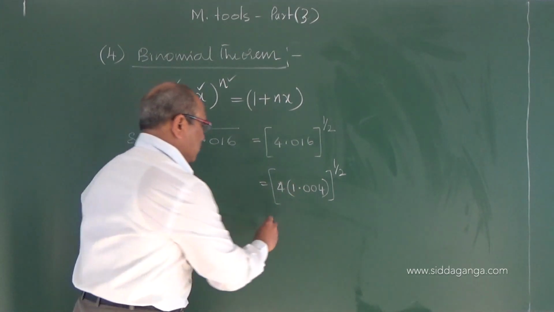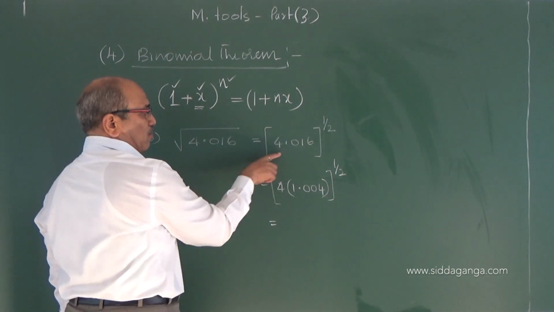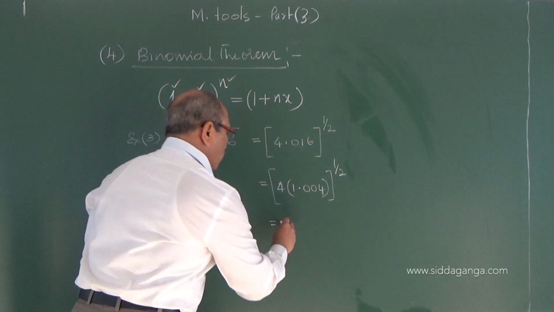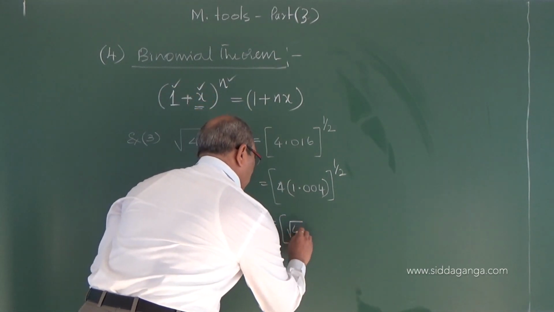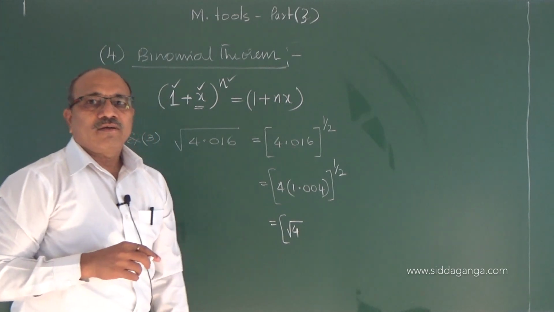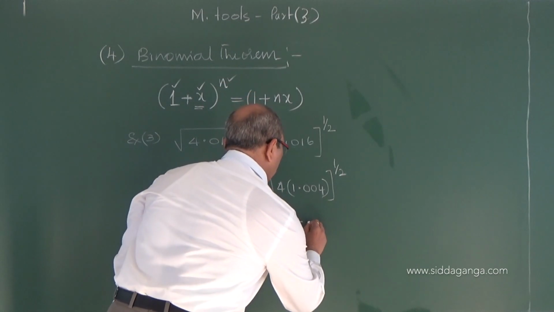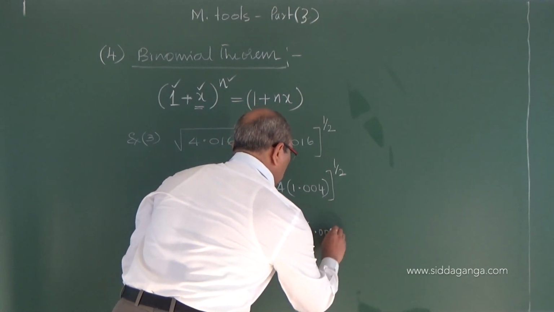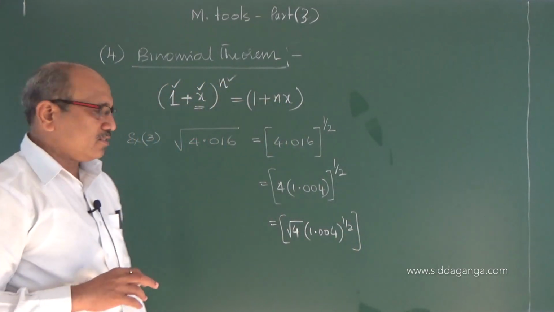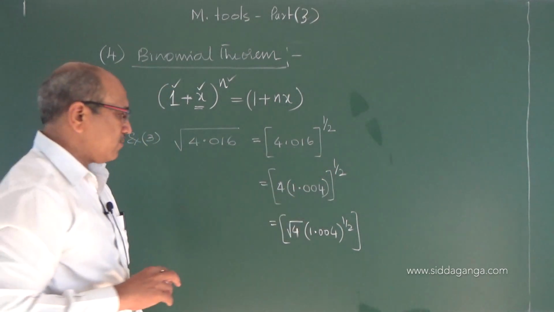Now I can split this. My main aim is to bring 1. I cannot split 4 plus something. The first term must be 1. So I can write the square root of 4 of this, into 1.004 to the power of half, according to the law of indices: (a times b) to the power n is a to the power n into b to the power n.